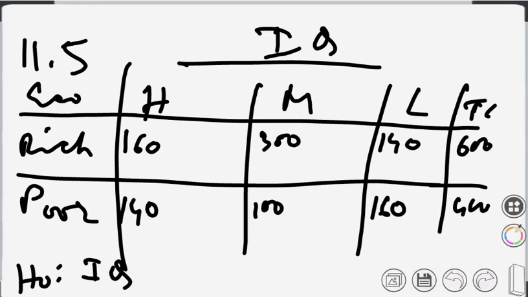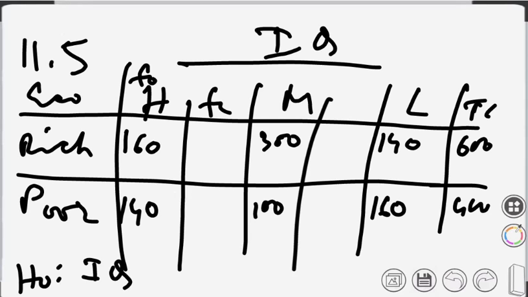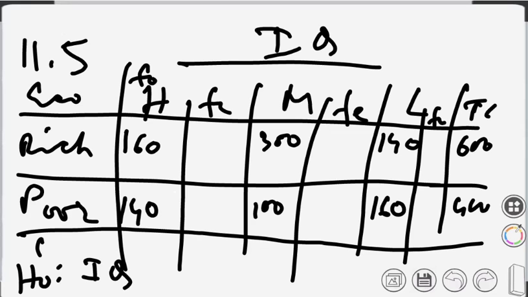Okay, so these are the FO given. So calculate FE. I have written the column totals: this is 300, this is 400, and this is 300. The first one will be 600 into 300 divided by 1000.